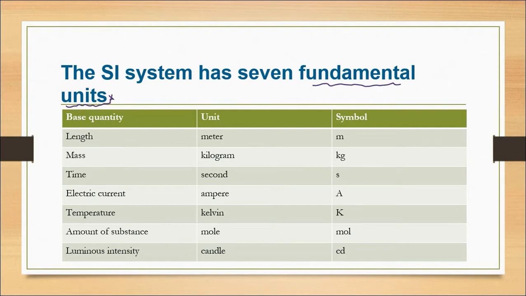SI system of units. S stands for system and I stands for international. It is a French term. So we have 7 units, and when I say the length of something is 2 meters, anyone anywhere in the world knows how much that is.